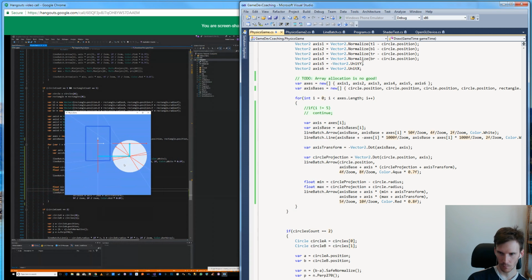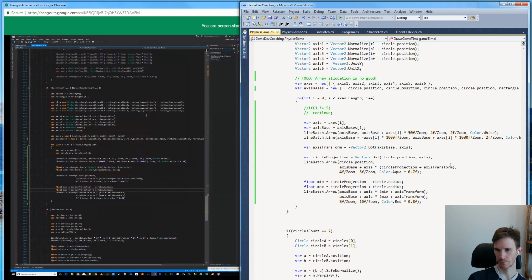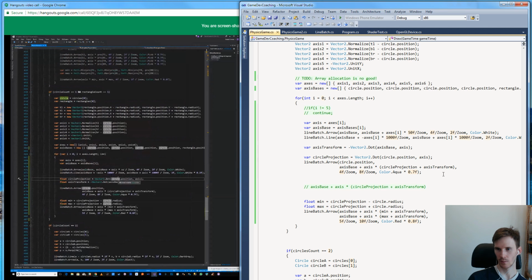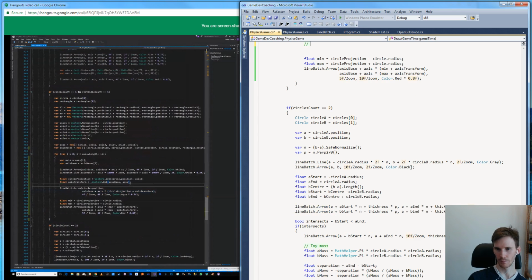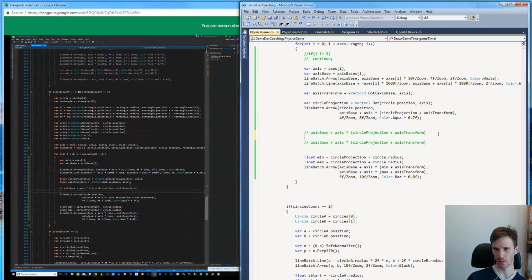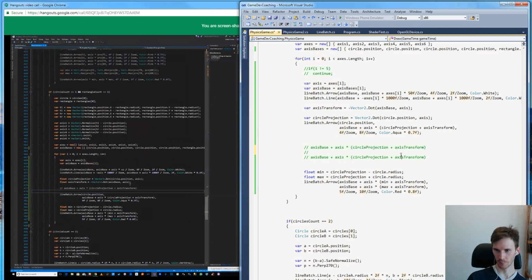Good. So what we can do now is we notice this format here: we've got axis space plus that, plus that, plus that. We can do a quick bit of algebra here to make our lives even simpler.